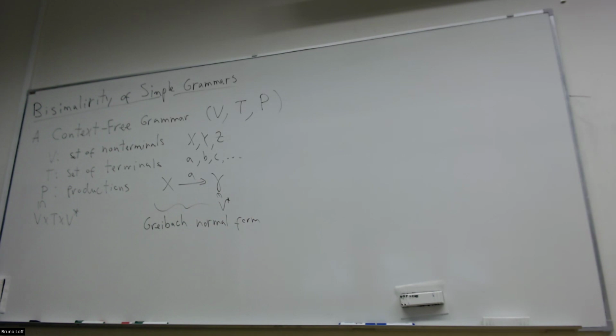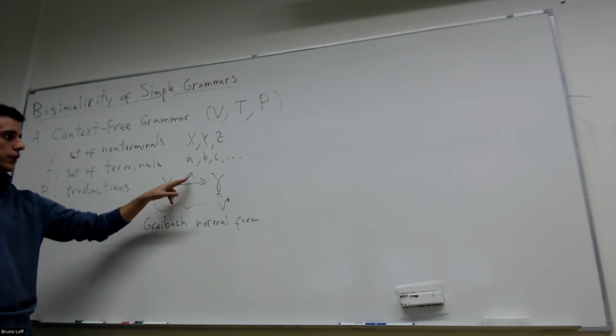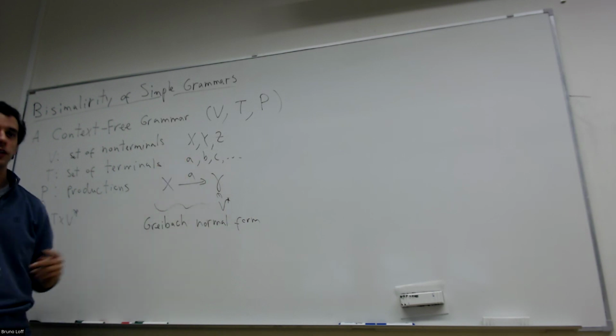Good. So what the problem is now: instead of context-free grammars, I consider specific subsets where these productions are in some way deterministic. So the meaning is that in general, for each X and for each A, you may have multiple transitions, but in simple grammars, you just have one transition.